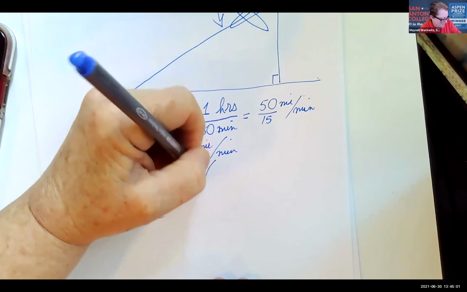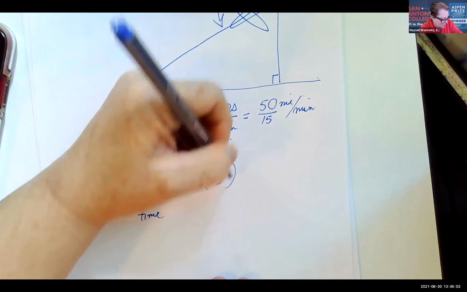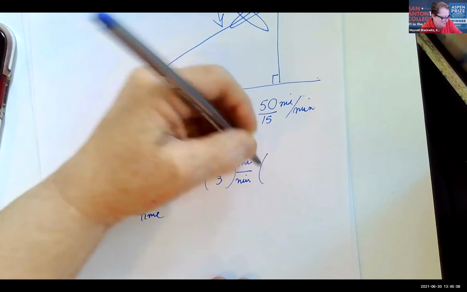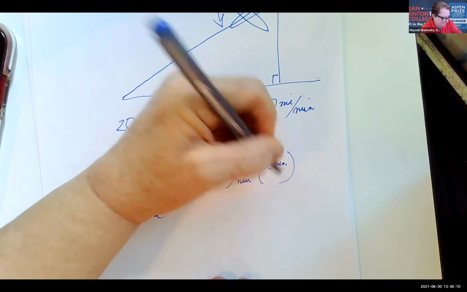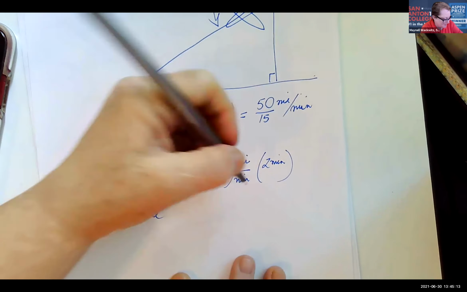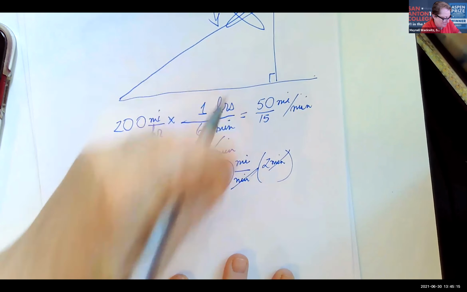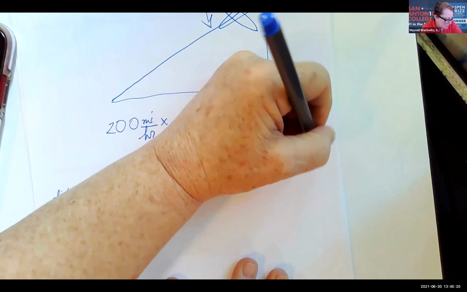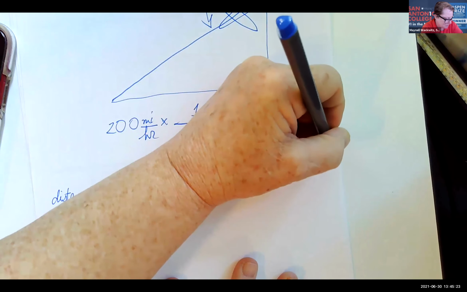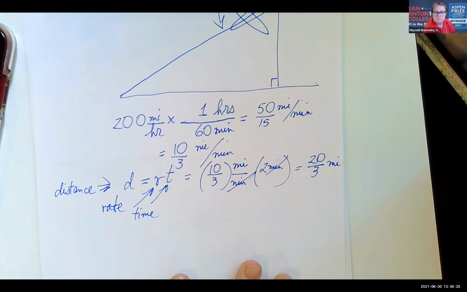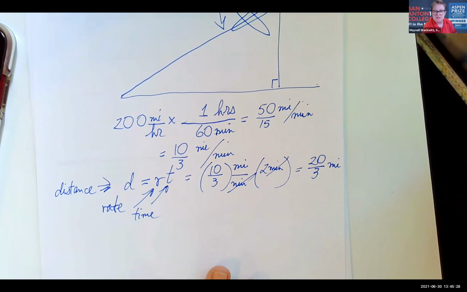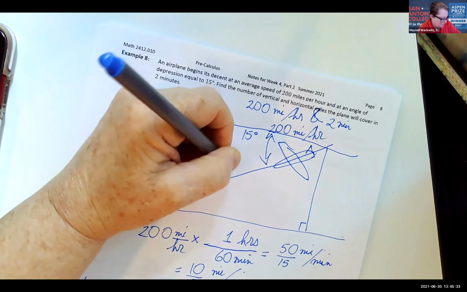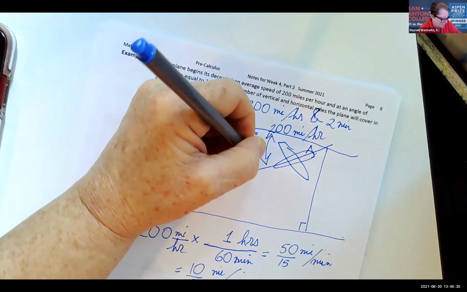So we've got 10 over 3 miles per minute times 2 minutes. I'm trying to stay exactly correct until I can't anymore. So he went exactly 20 over 3 miles. So our hypotenuse is exactly 20 over 3 miles.